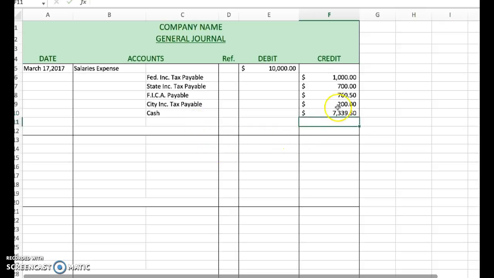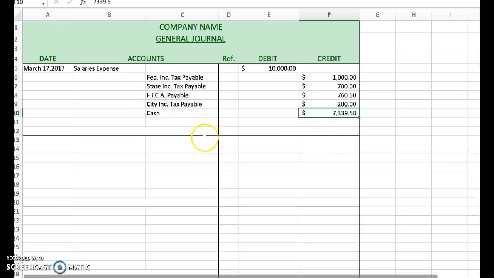Now, if we've done this correctly, these 5 credits will add up to $10,000. So you can check this on your calculator, because debits have to equal credits. So they earned $10,000. They had this much deducted from their gross pay. We'll pay that for them later, and they will actually get $7,339.50.